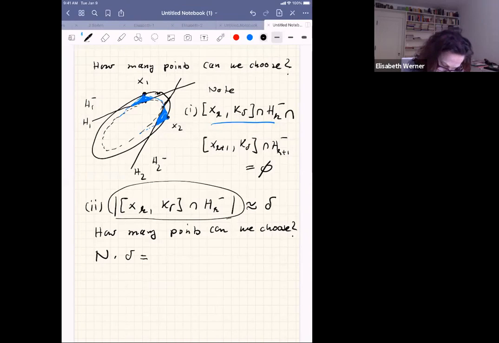So it's the sum, k goes from 1 to capital N, of the volume of the convex hull intersected with Hk minus, which is equal to, because those sets are all disjoint, the volume of the union, k goes from 1 to N, of these cones.